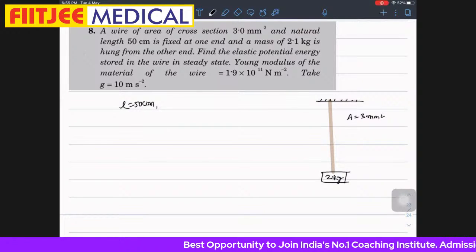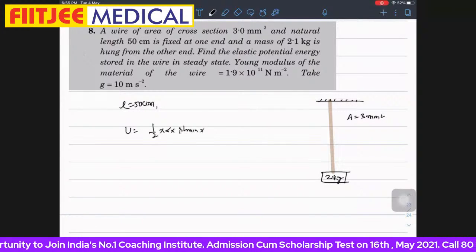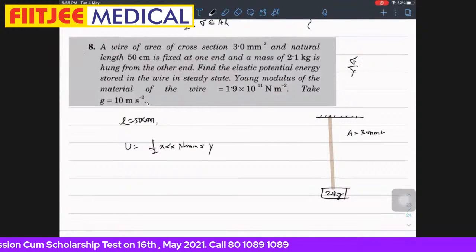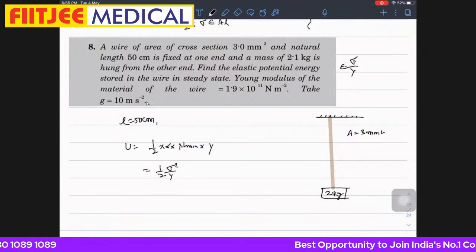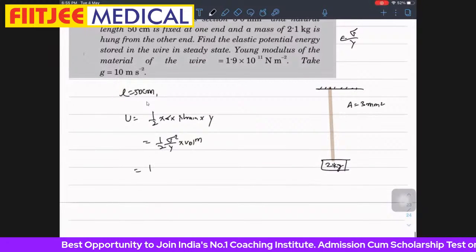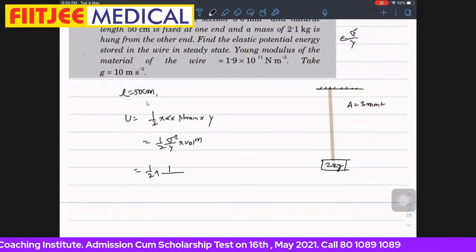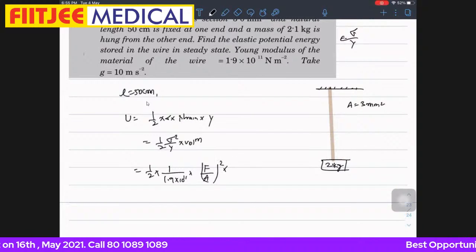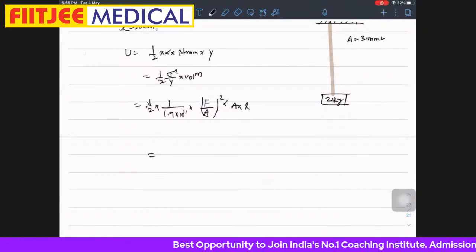So what we know, U equals half into stress into strain into volume. Instead of calculating the strain I can write it as sigma by Y. So I can write half into sigma square by Y into the volume. So 1 by Y value will be how much? They have given the Young modulus of the material, 1.9 into 10 to the power 11. Stress is force by area, squared, and volume is area into length.